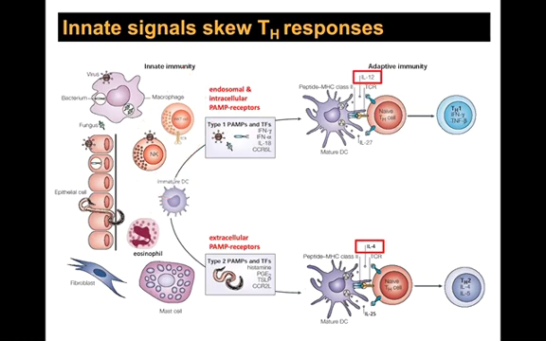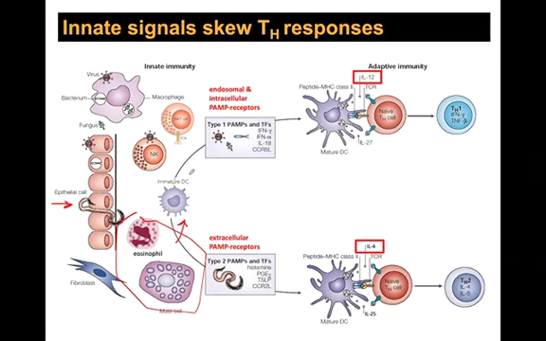However, if it's something like a parasitic infection, here's our worm getting in, that's going to stimulate a different set of innate cells, in particular your granulocytes, and they're going to make cytokines that tell this cell you should direct the response to be against extracellular pathogens.